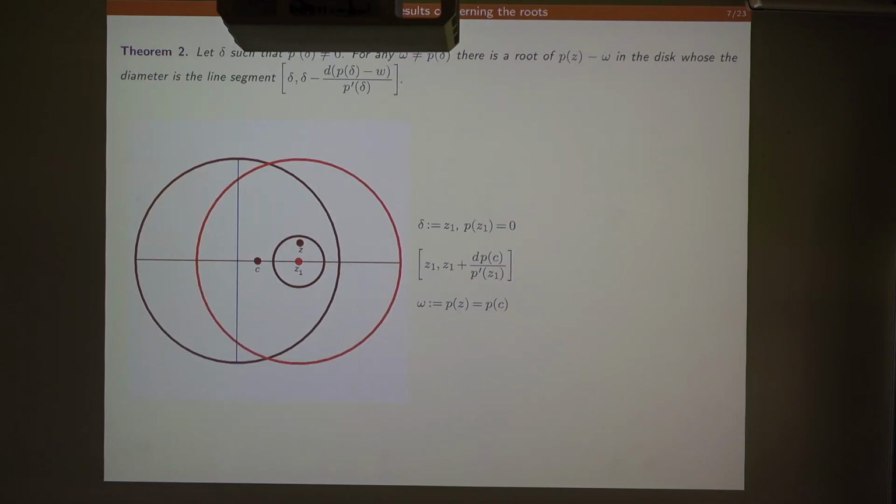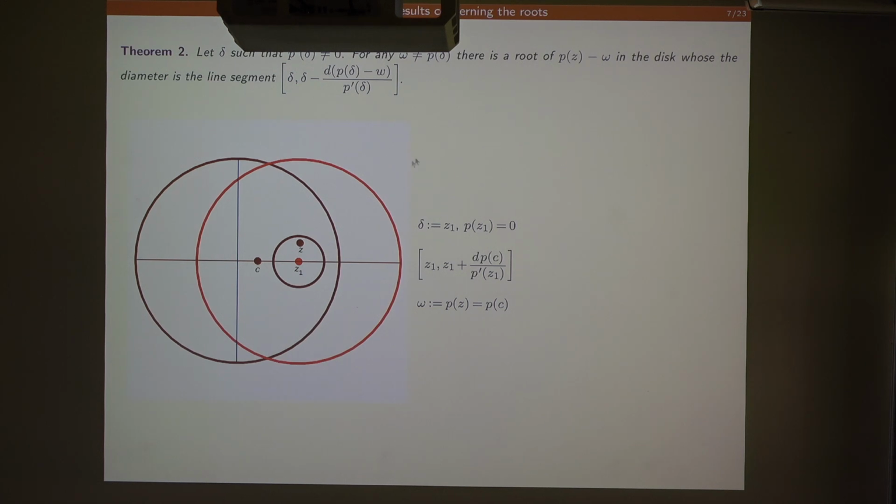There are two other results which are connected.